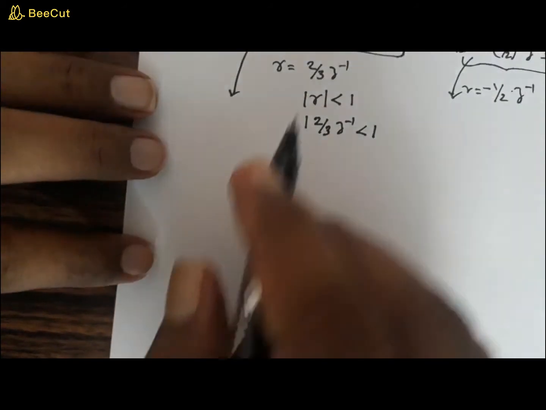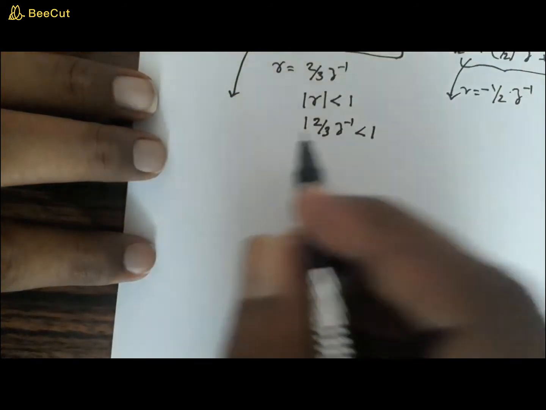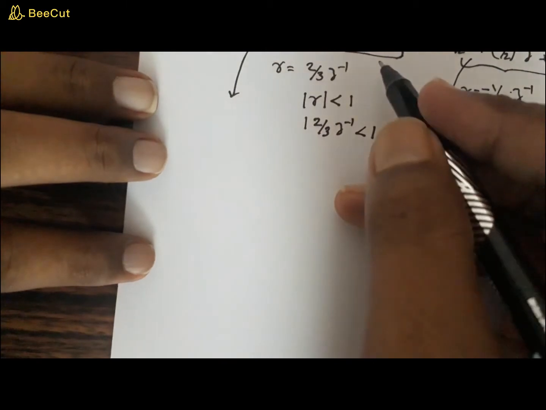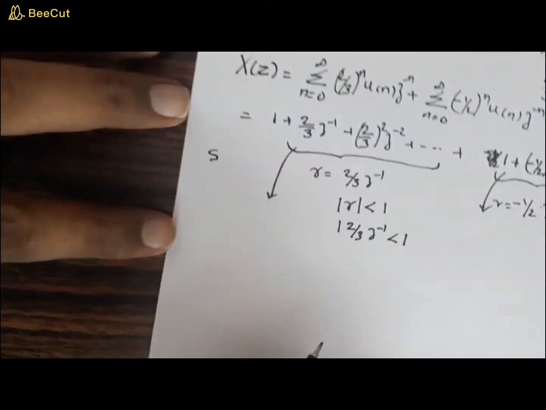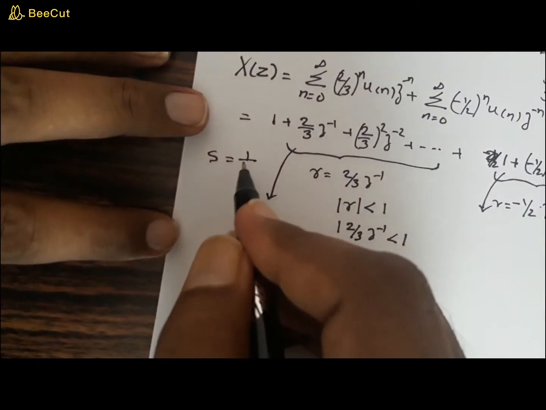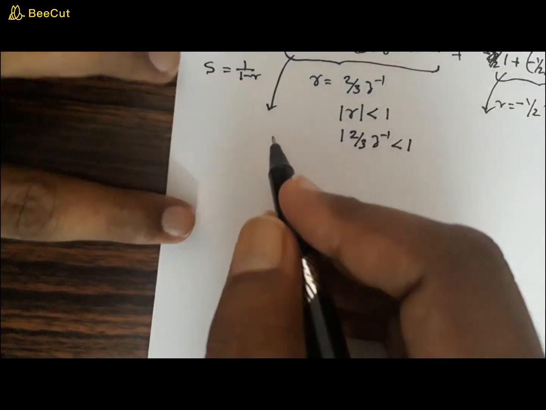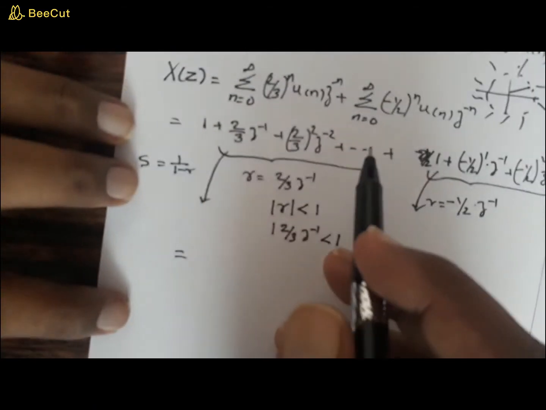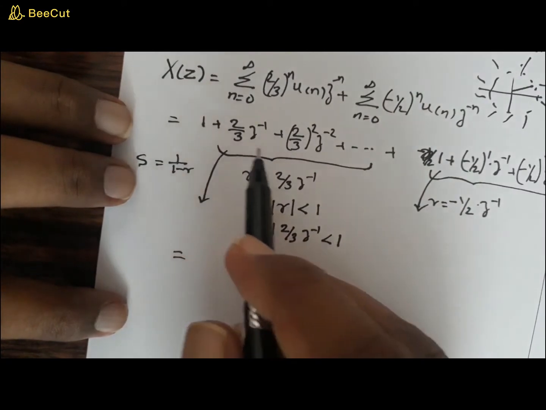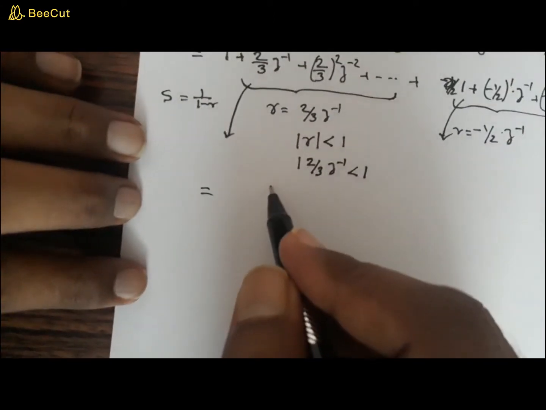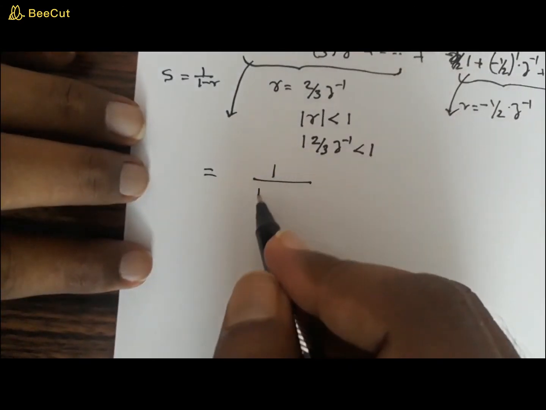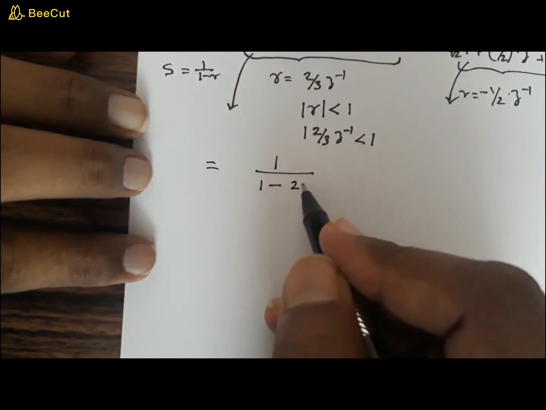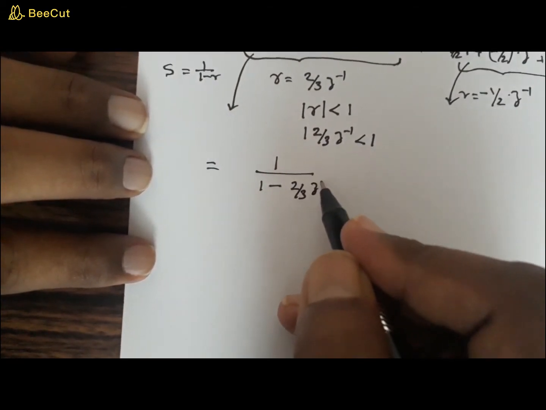Now when you set this condition, as we know the sum converges to 1 by 1 minus R. So applying that, you can convert this geometric series into the sum as 1 by 1 minus (2/3) z^-1, right?